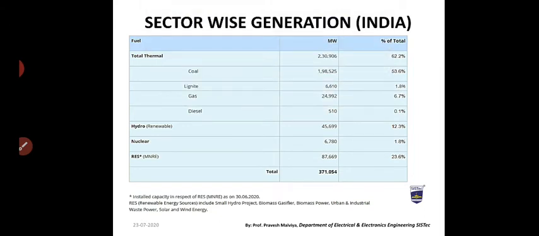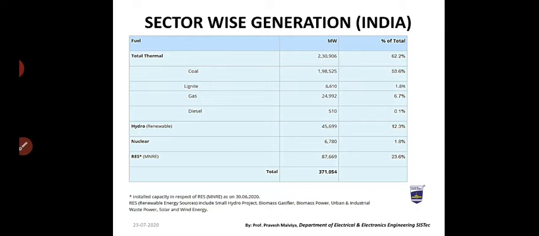Now coming to the sector-wise generation of electricity. This is the report which we have taken from MNRE, Ministry of New and Renewable Energy, Government of India. This is the latest report, and it was produced on 30th June 2020. Look at the slide.